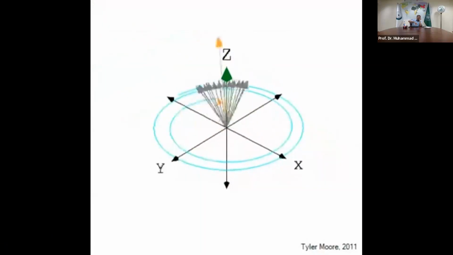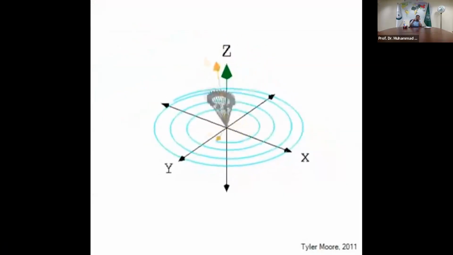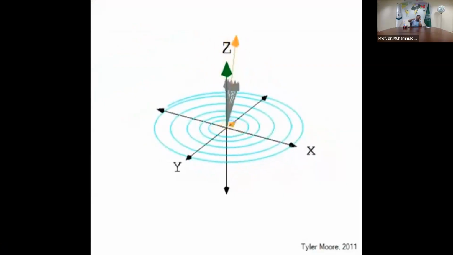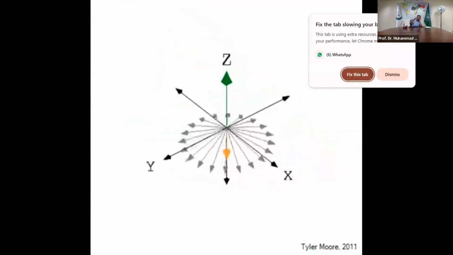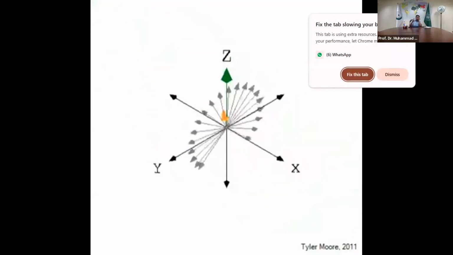So you go from minus Z to plus Z, and in order to monitor this relaxation process, T1, you have to bring it to the XY plane.